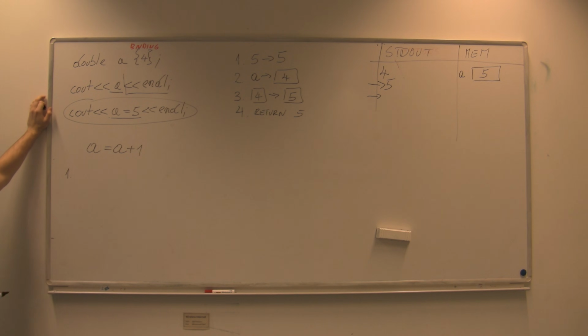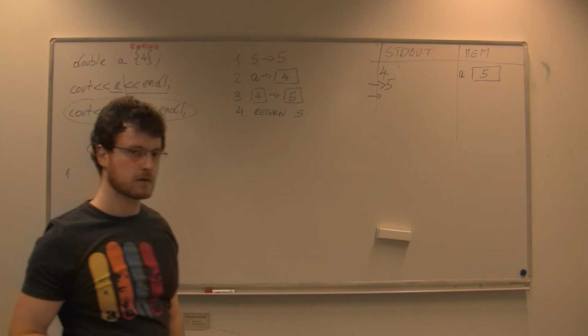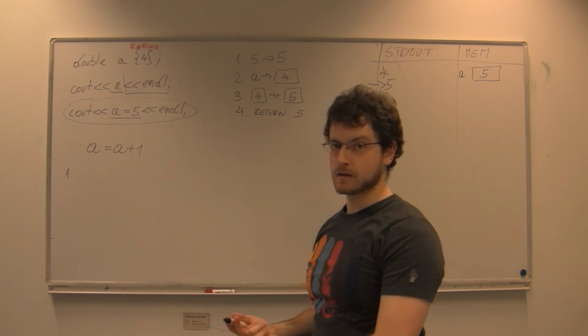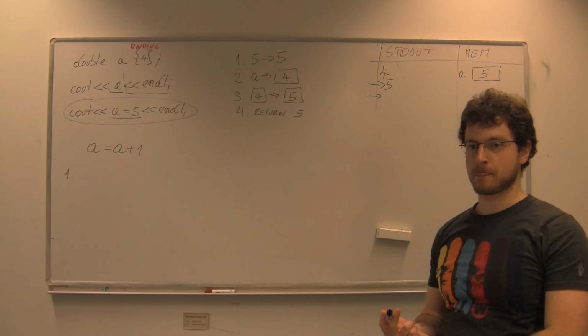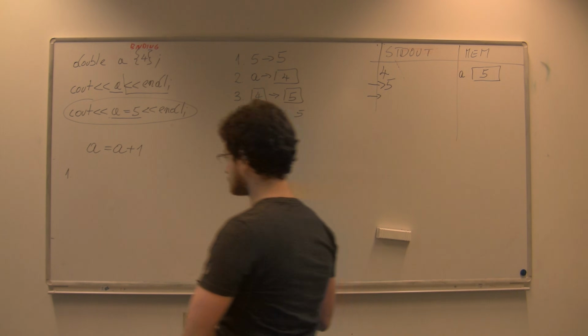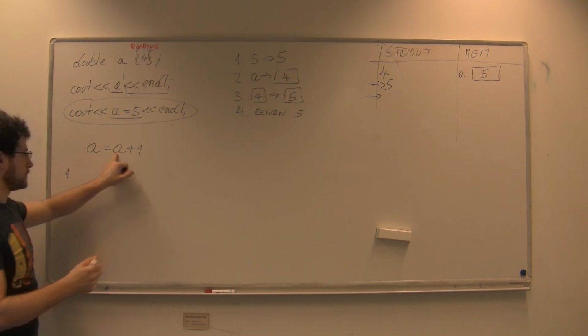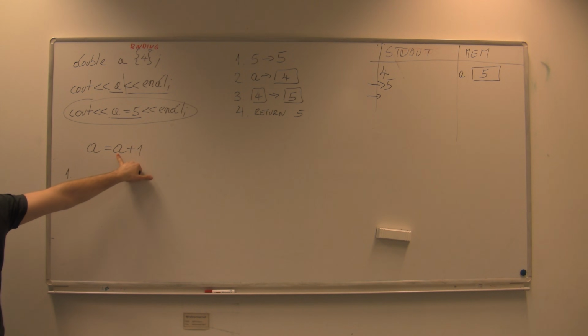But the strange thing in C++ is that variables don't have the same values on the right-hand side and the left-hand side of expressions. So the value of the variable a on the right-hand side is just the number stored in the box.